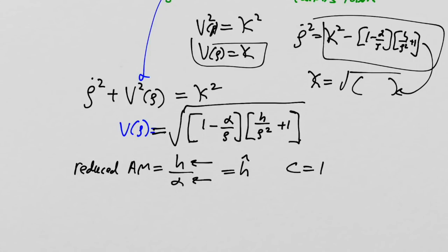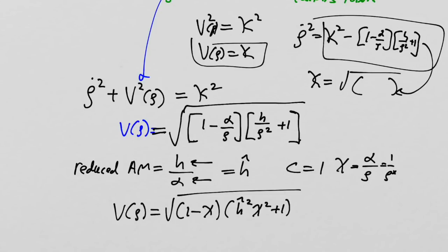And then we're going to reintroduce chi, which is alpha over rho, or 1 over rho star. So we're going to reintroduce all of those variables, and then we get v of rho equals this expression right here. This is entirely equivalent to the previous one with the reduced angular momentum, which is nice because now the angular momentum itself is also dimensionless, which is very convenient.